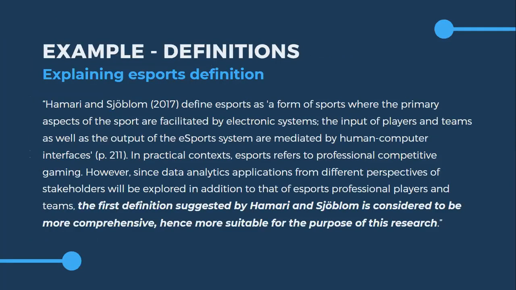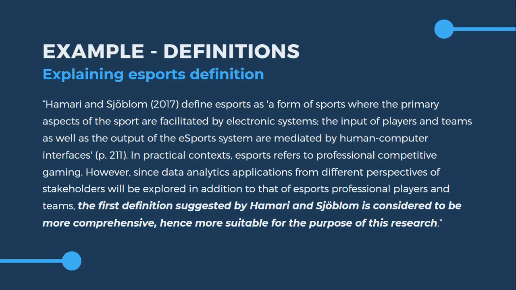So let me give you an example from my old AC2 research paper on the topic of data analytics in the esports industry. Here I was defining esports. I gave two definitions, one coming from an academic source, and the second one pulling from a practical context.